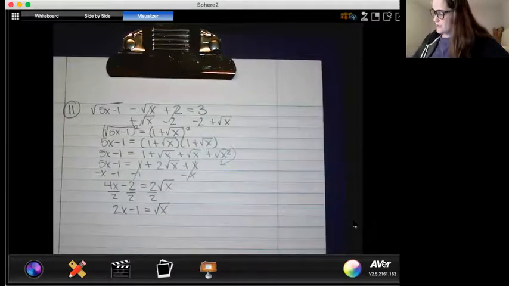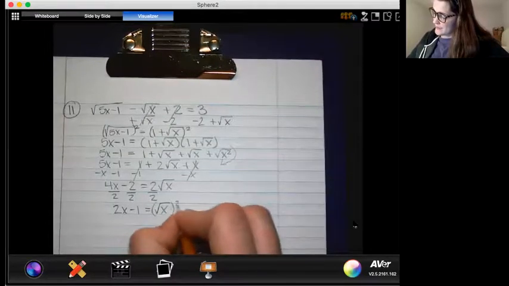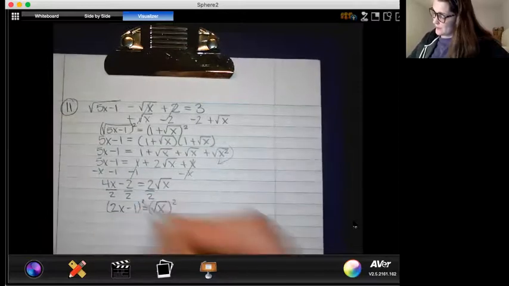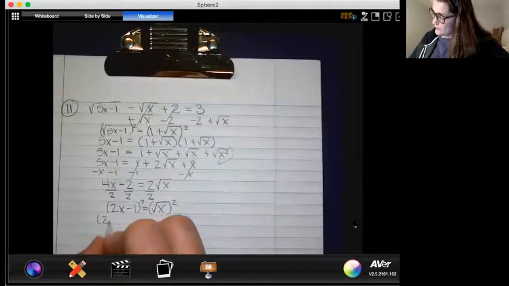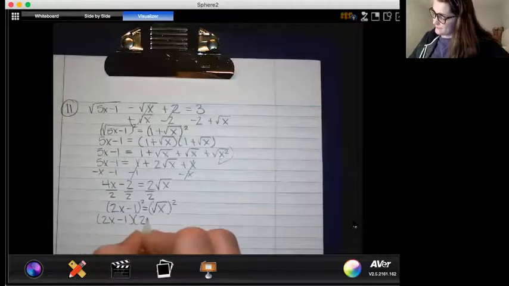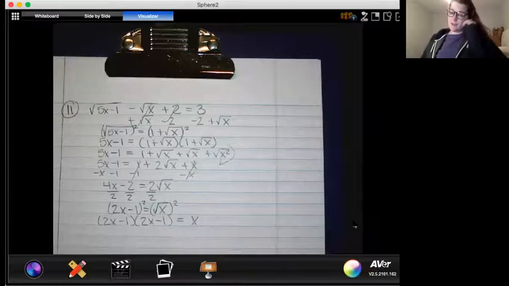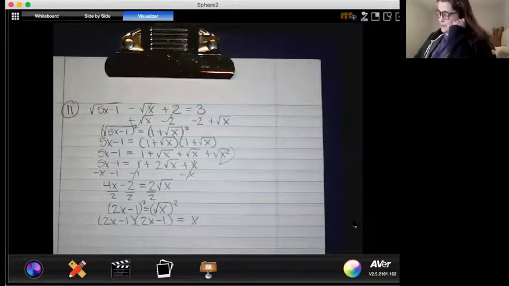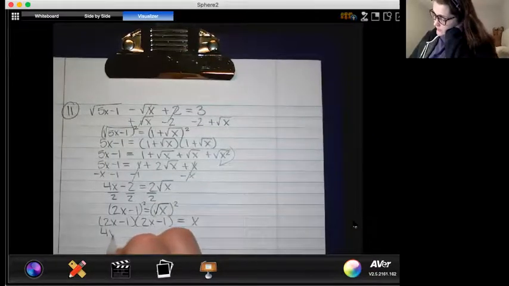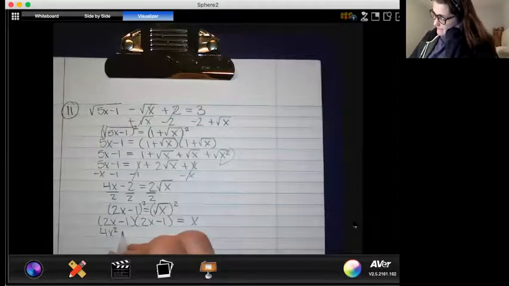And I'm going to start that process again. I'm going to square both sides. So that means I'm going to FOIL my left side now. And on the right side, I now have just x. So I'm going to FOIL. I get 4x squared minus 2x plus 1.